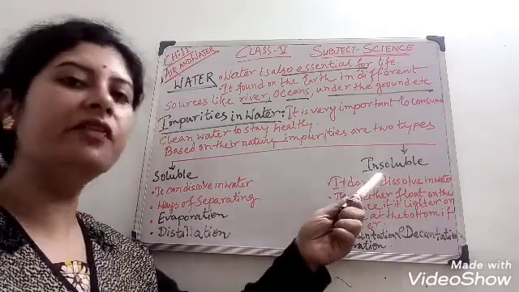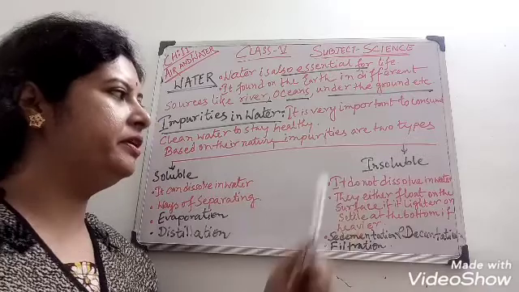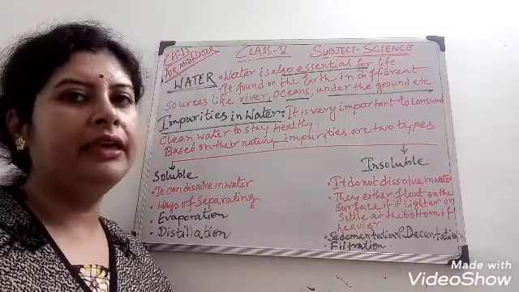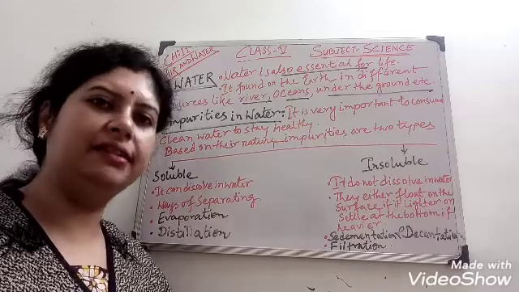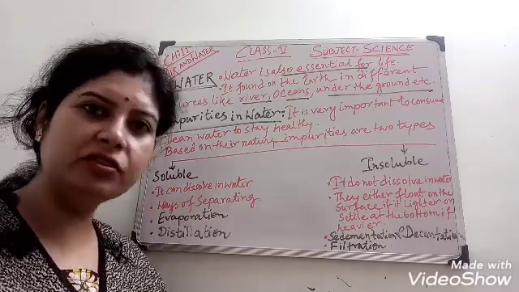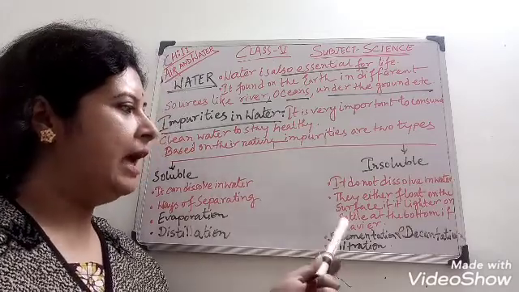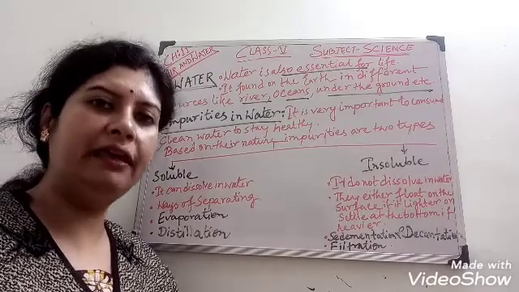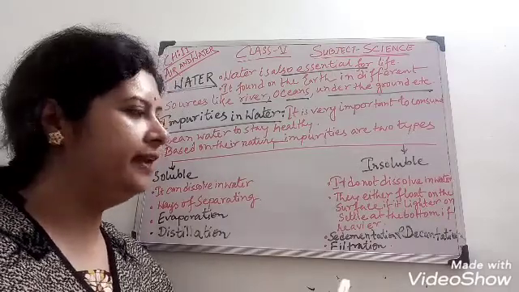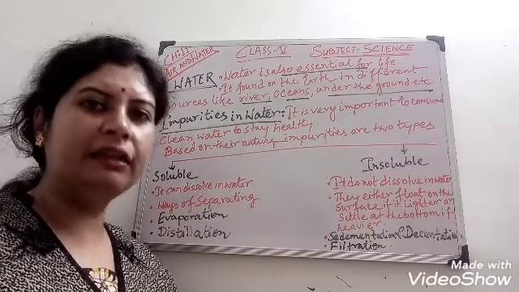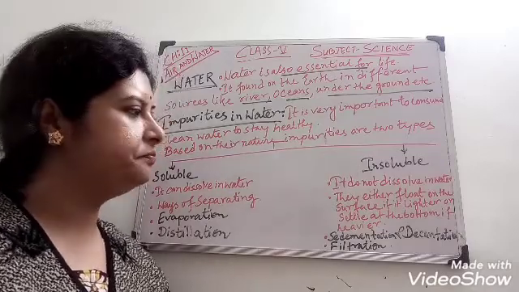And in case of insoluble impurities, it means they do not dissolve in water. If the impurities are lighter than water, they float on the surface of the water. And if the impurities are heavier than water, then they settle down at the bottom of the container.